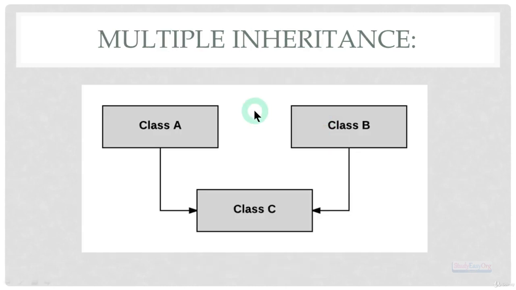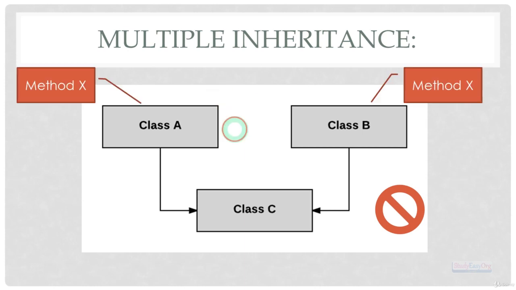Now moving forward, we have multiple inheritance. When it comes to multiple inheritance, we inherit from more than one class. Now this seems good enough, but there could be an issue. This kind of inheritance, multiple inheritance, is not allowed in Java for a reason. Reason being, there could be a scenario where class A and class B have an entity, a method with the same name.